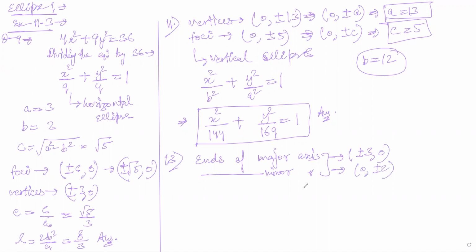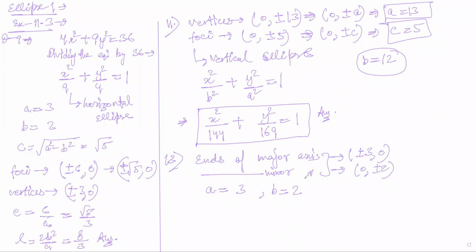Can you tell me the value of A? A is plus minus 3, B is plus minus 2. So A is 3 and B is 2, right?